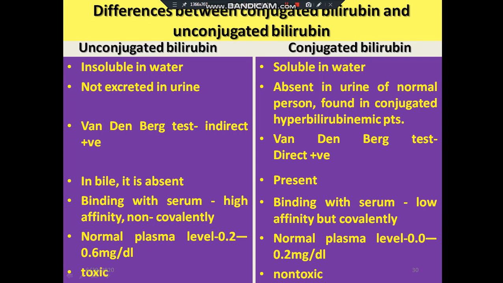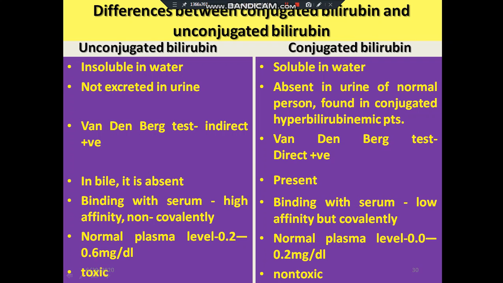Unconjugated bilirubin is absent in bile, but conjugated bilirubin is present in the bile. Binding with serum albumin is with high affinity and non-covalent in the case of unconjugated bilirubin, but conjugated bilirubin binds to serum albumin with low affinity.